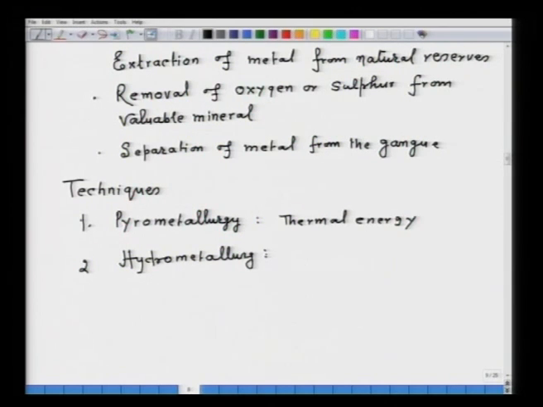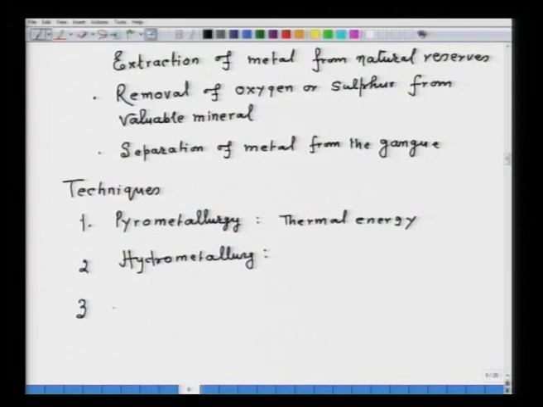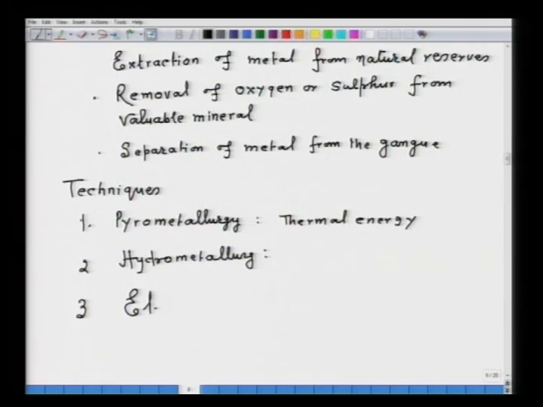It is not thermal energy dependent, but it requires an enormous amount of liquids, mostly water. And third, though not an independent route, but combined with hydrometallurgy, is electrometallurgy. Now, these are the three techniques which can be used to extract metal from natural reserves.